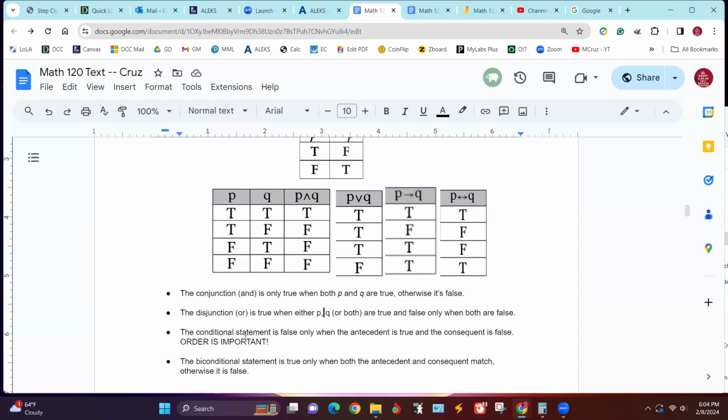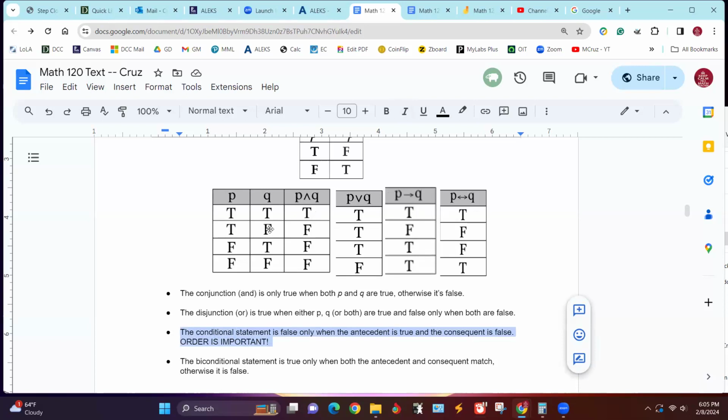The conditional is the only one where order is important. Like for P and Q and P or Q, you can swap those around, Q or P, Q and P. It doesn't matter about the order. But for this one, the if P then Q, it does matter about order. So the conditional statement is false only when the antecedent, which is the P, is true and the consequent is false.